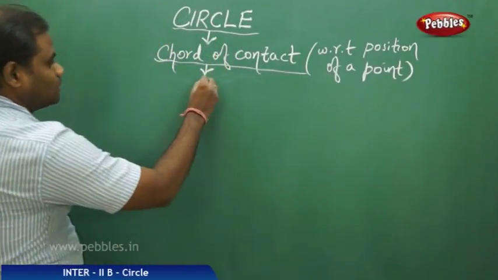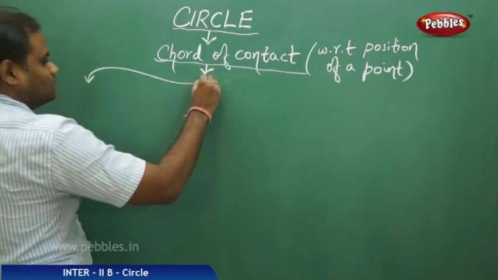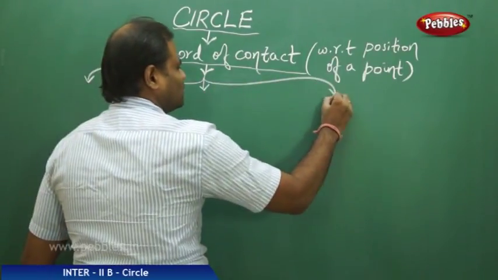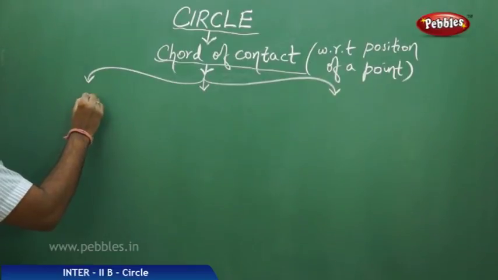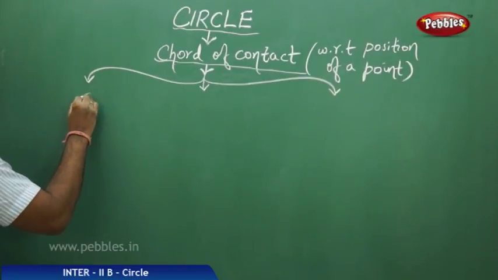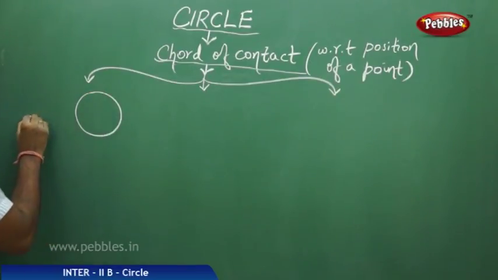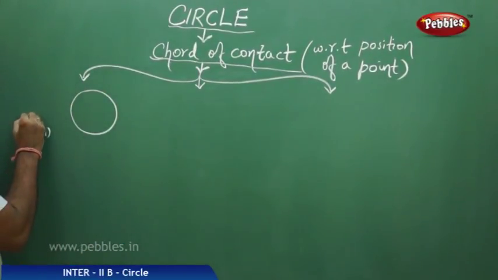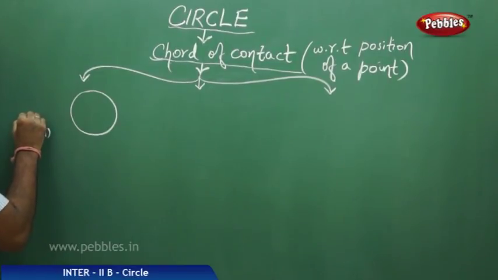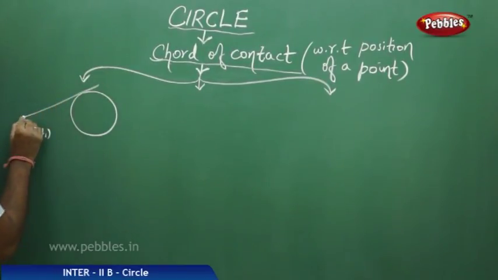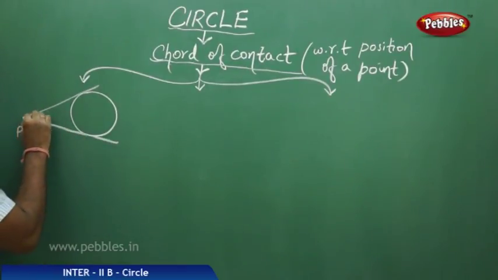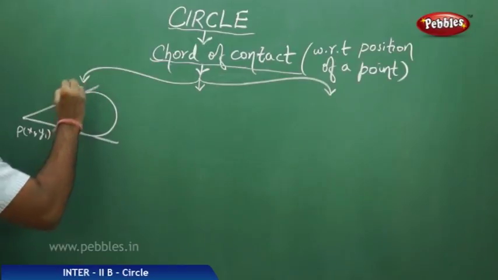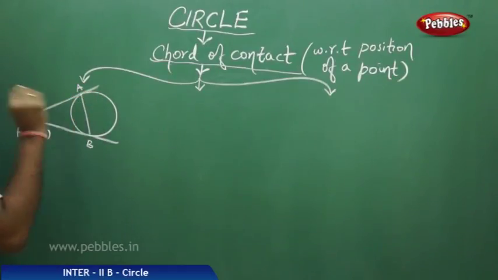Considering all three cases, for case 1, I have P outside the circle, where two tangents can be drawn. I get two points of contact, which I can join.